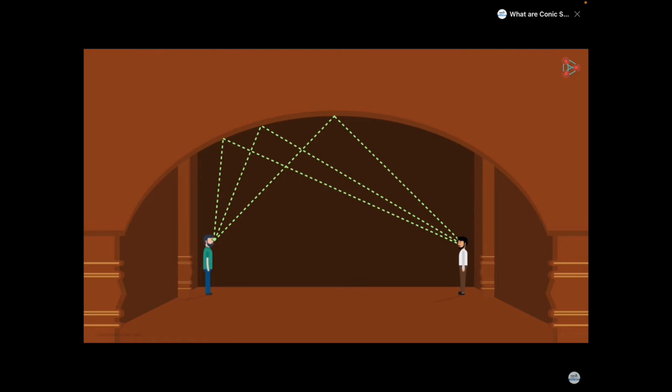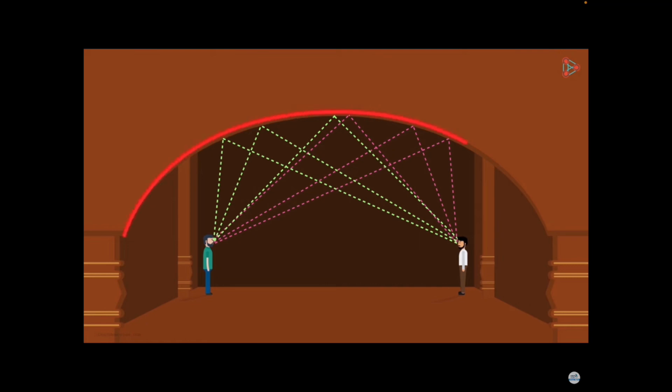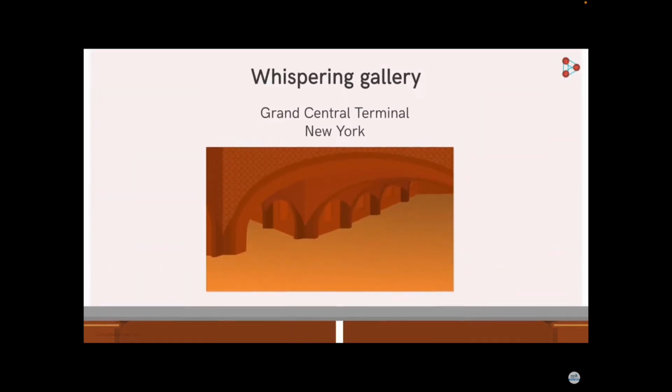This works the other way around as well. If your friend whispers something, you will be able to hear clearly as well. Based on this reflective property of ellipse, many rooms called whispering galleries have been constructed. For example, there's one at the Grand Central Terminal in New York City.